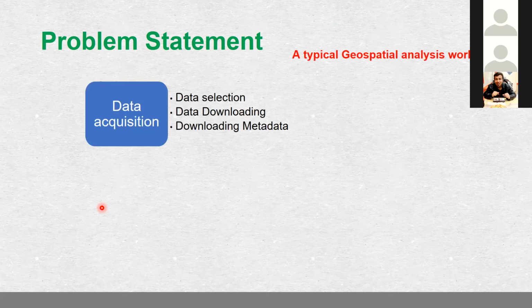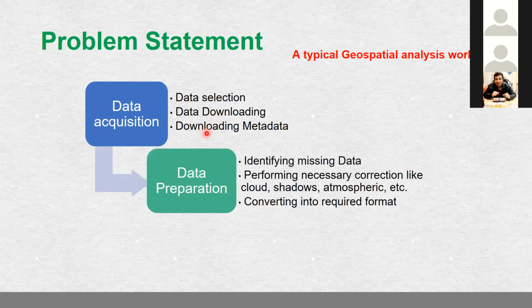So first of all, in any type of geospatial analysis workflow, the very first thing that we do is the data acquisition, in which we select the data, we download the data, and we download the metadata of that particular data set, so that data can be converted into the required format. Then the very next thing that we do is the data set preparation for a specific problem. So first of all, we identify the missing data set.